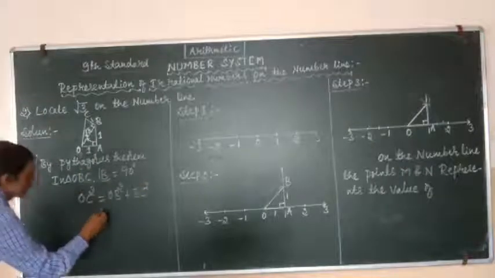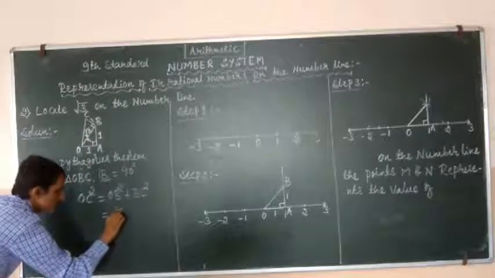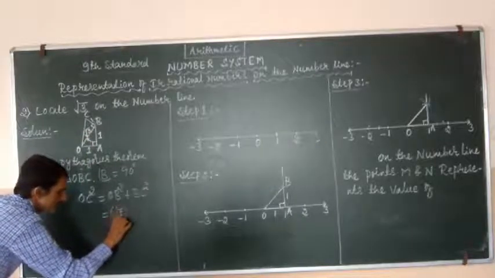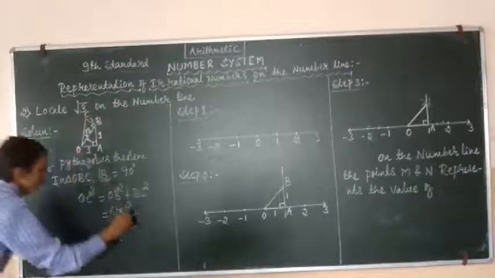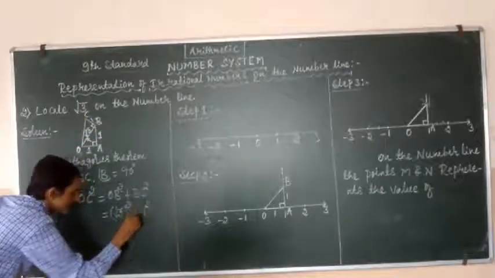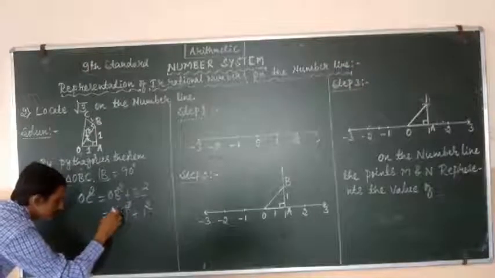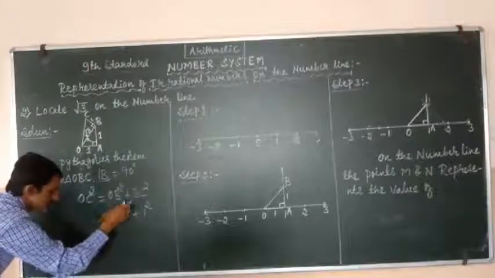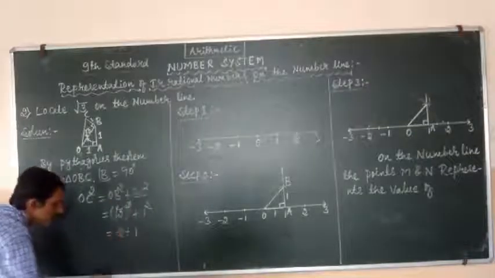Now substitute the values. OB is root 2 whole square plus BC is 1 unit, 1 square. The square and the root of root 2 get cancelled, so it becomes 2, and we will get 2 plus 1.